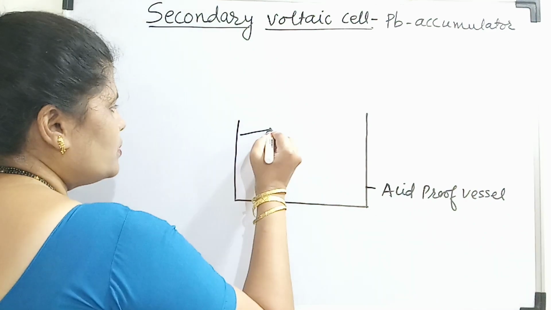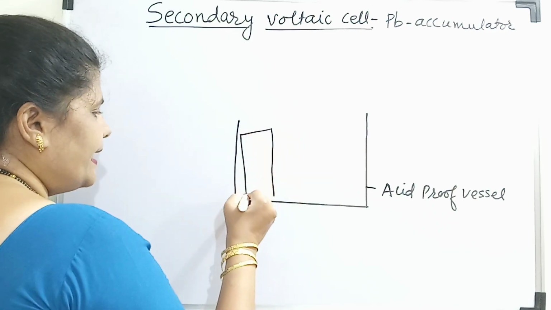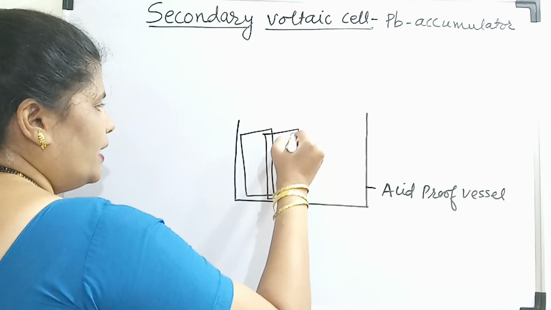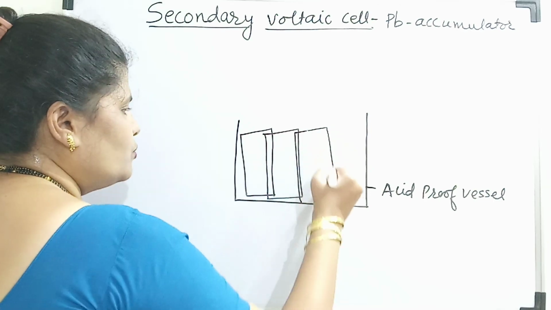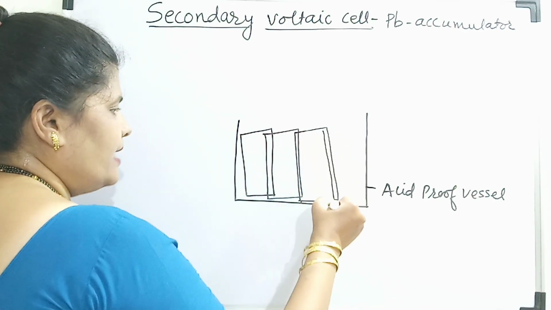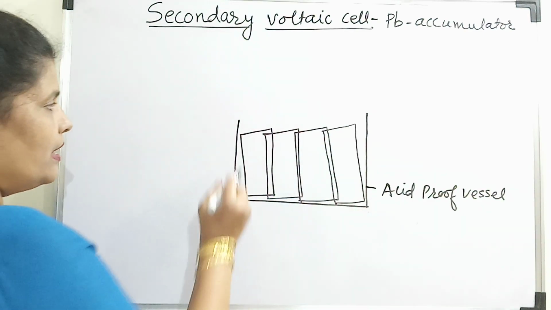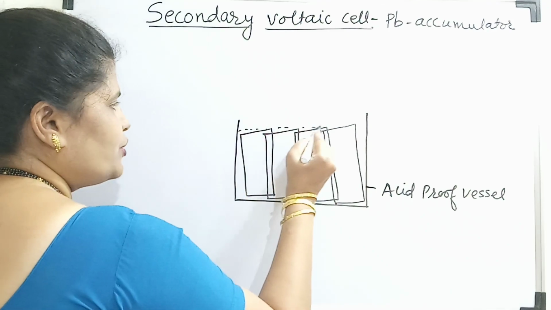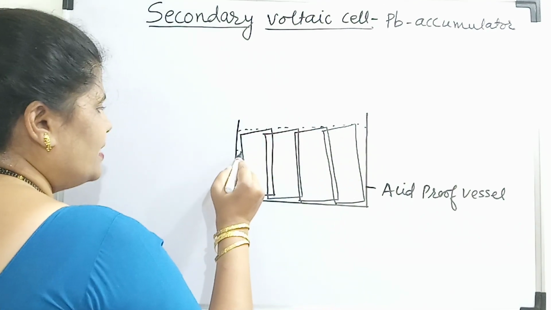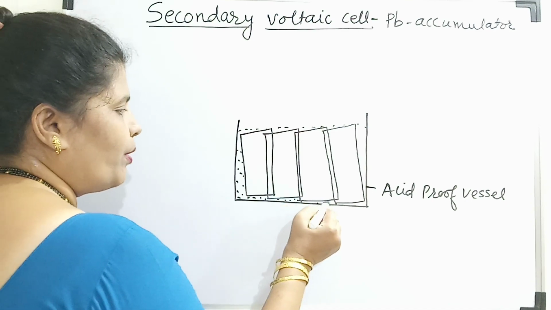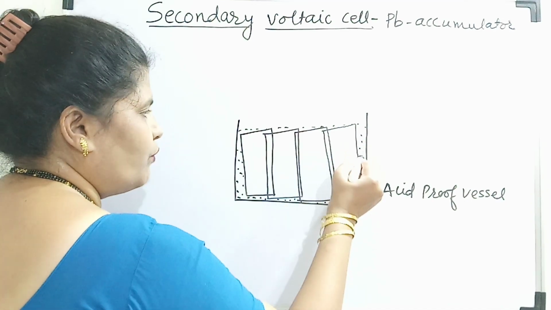Here I have used plates which are alternately placed as anode and cathode. Here I have used 4 plates. You can use 2, 4, 6, so it should be an even number of plates. The cell is filled with H2SO4 solution. Mark this, students, the cell working is completely dependent upon the concentration of H2SO4 here.